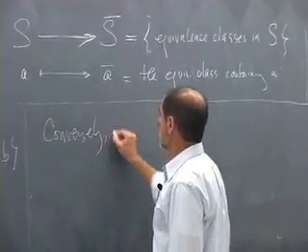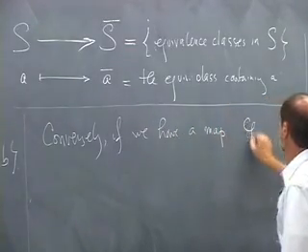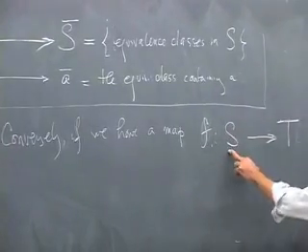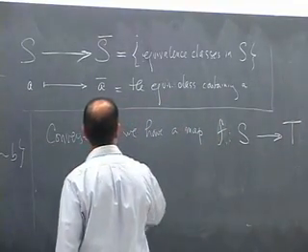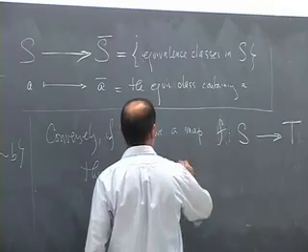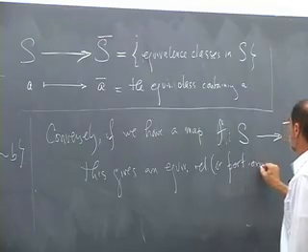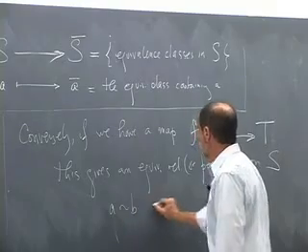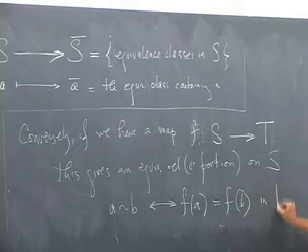Conversely, if we have a map of sets, let's call it F, from a set S to a set T, that just assigns elements in S to an element in T, this gives an equivalence relation or partition on S. Namely, we say A is equivalent to B if and only if f of A is equal to f of B in T, if they have the same image in T.